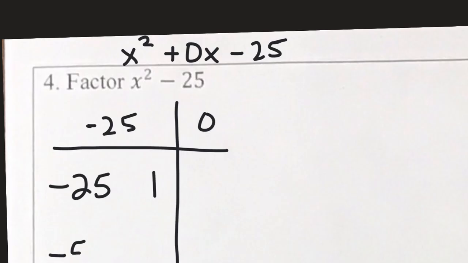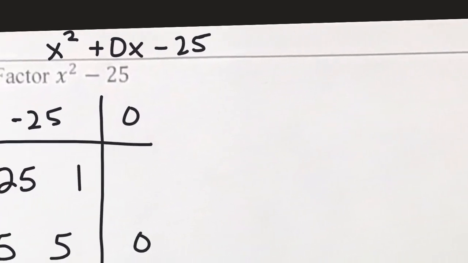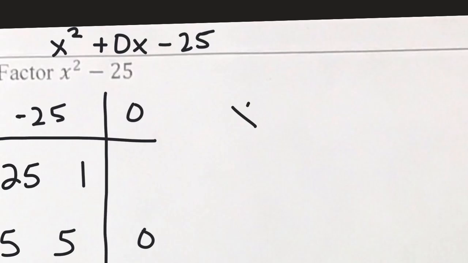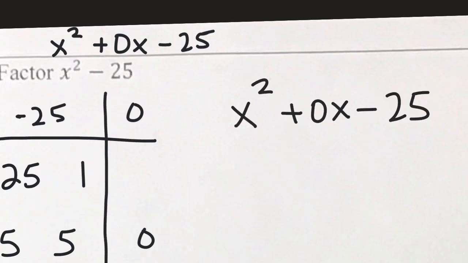Negative 5 and positive 5. Negative 5 plus positive 5 gives us 0. Okay? So this is how one of these strange ones works, x squared plus 0x minus 25. I'm going to split my 0 into 5x and a minus 5x.